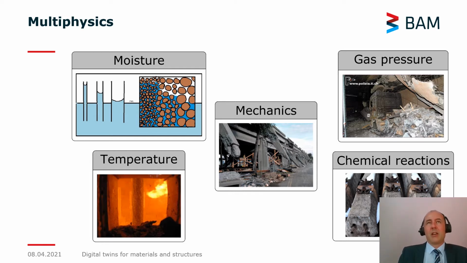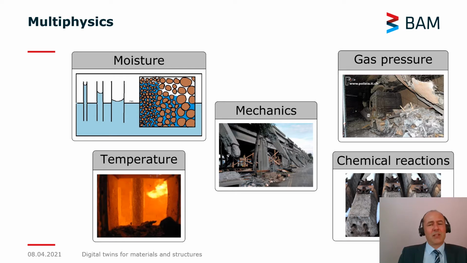So the cover, due to the gas pressure, spalls, and then the reinforcement is exposed to the fire scenario and the high temperatures. And then finally, we have what people sometimes call concrete cancer, these ASR reactions, as an example of chemical reactions.